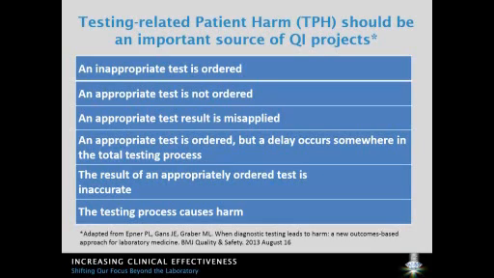An inappropriate test is ordered, an appropriate test is not ordered, an appropriate test result is misapplied, an appropriate test result is ordered, but a delay occurs somewhere in the total testing process, or the result of an appropriately ordered test is inaccurate. That last one is the only one that's within the control of the laboratory. Even the 4th one is a shared one if you look at the total process from when the doctor envisions the order and orders it to when the physician retrieves the result and applies it.